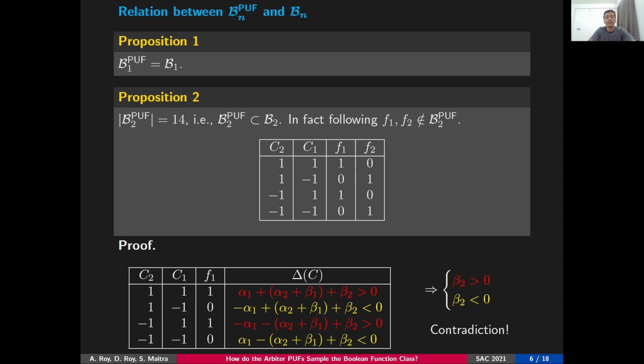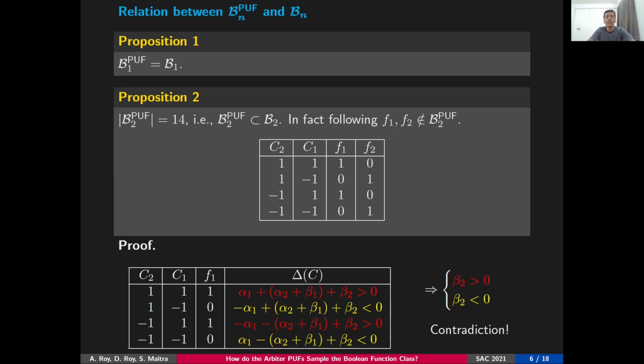Now, if we add the inequalities which are marked in yellow color, we will get beta 2 is less than 0, which is a clear contradiction. So, due to this the system will not have any kind of solution for alpha i and beta i. That is why f1 is not present in the B2 PUF set. Similarly, f2 is also absent in the B2 PUF set because of the same reason.